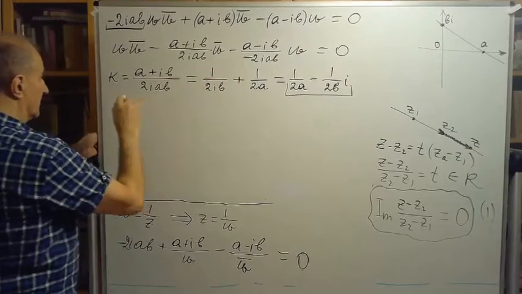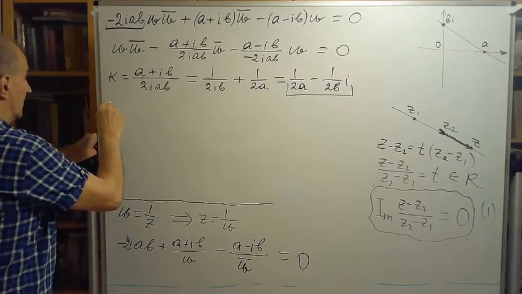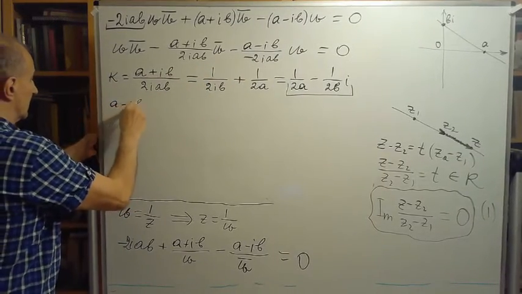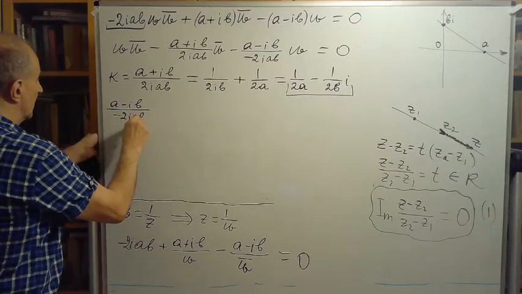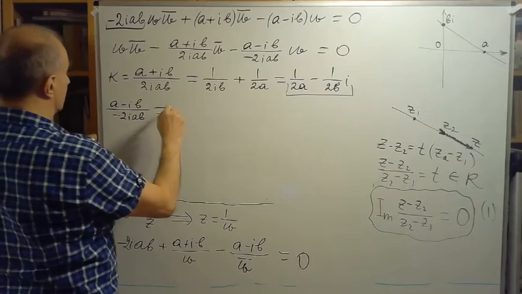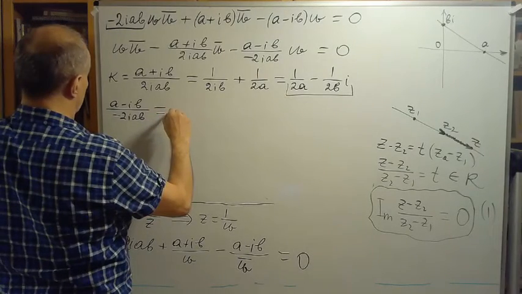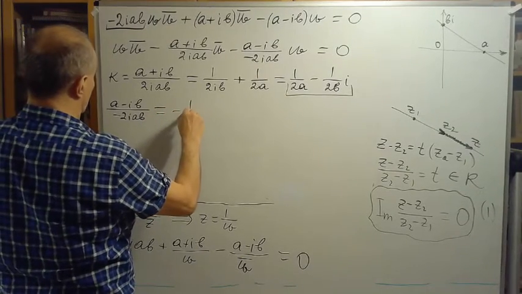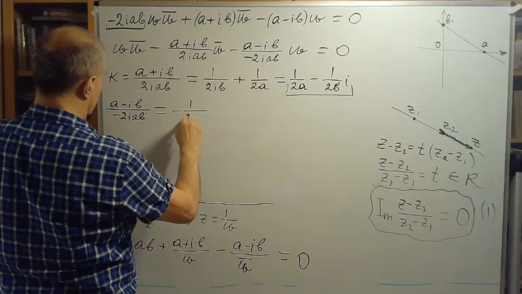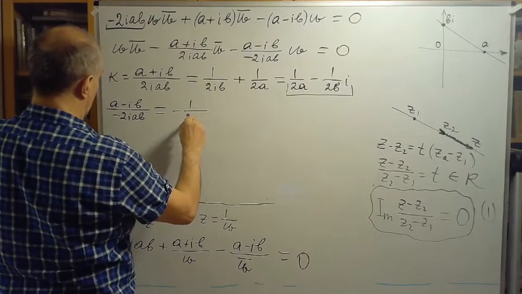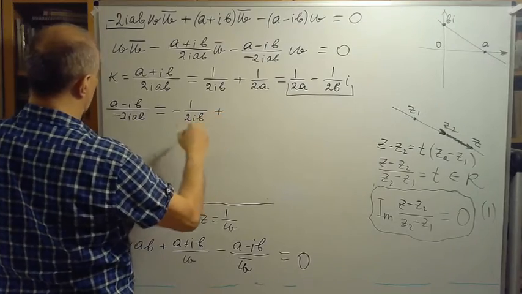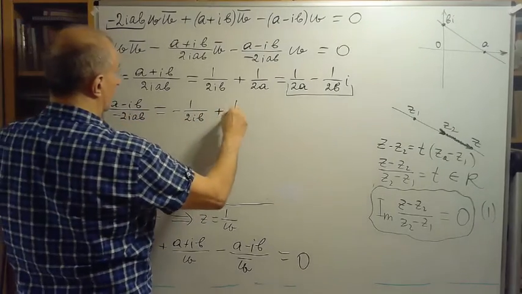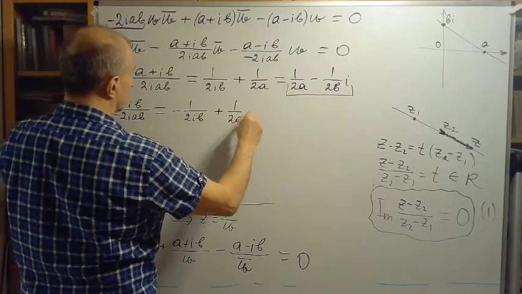Let's see the other coefficient. What is the other coefficient? a minus ib divided by negative 2iab equals negative 1 over 2ib, and plus ib and ib is gone, 1 over 2a.